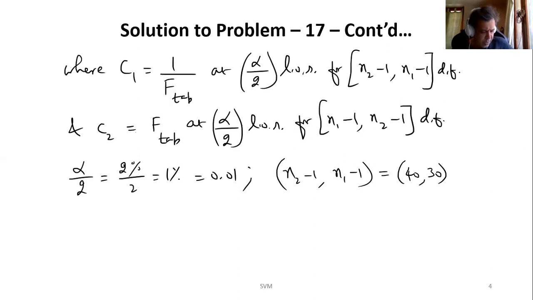For numerator degrees of freedom 40 and denominator degrees of freedom 30, the table value is 2.3.